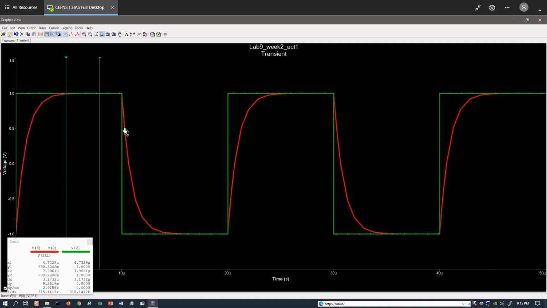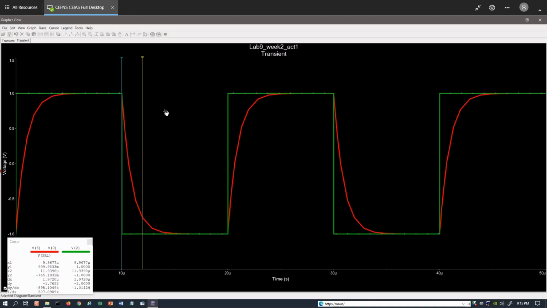Let's measure the discharging time first. We need to move the first cursor, the blue one, to the beginning of our discharging process, and the second cursor to the point where we think the capacitor is fully discharged.